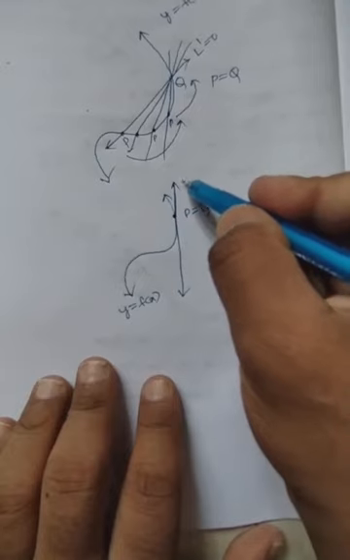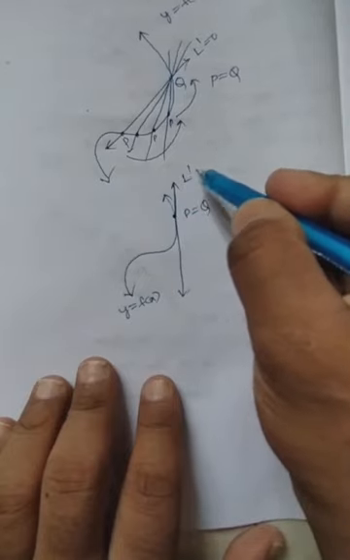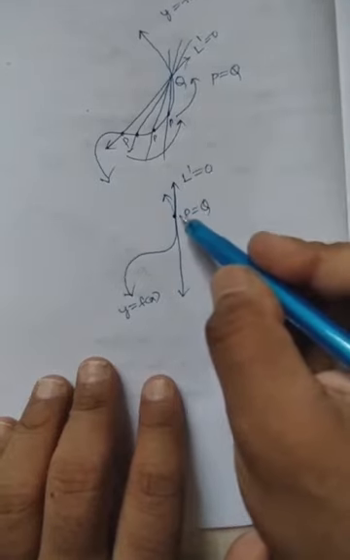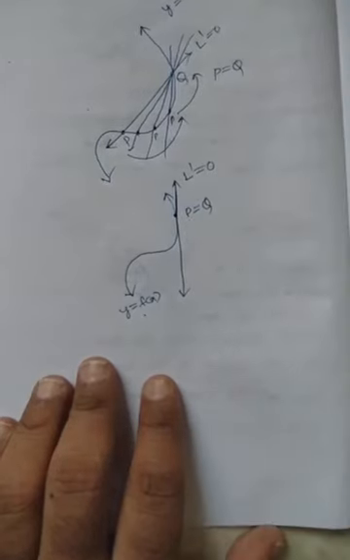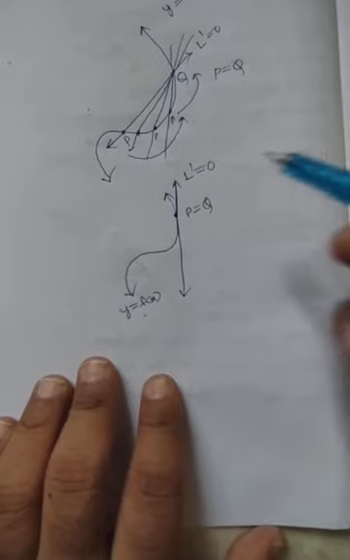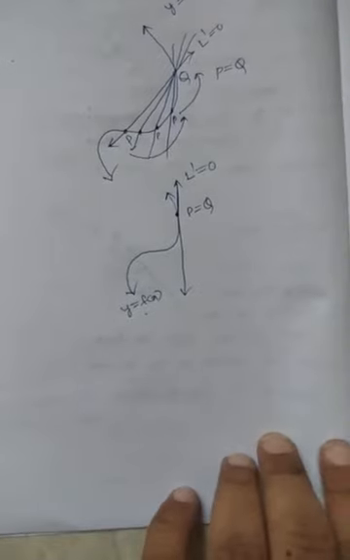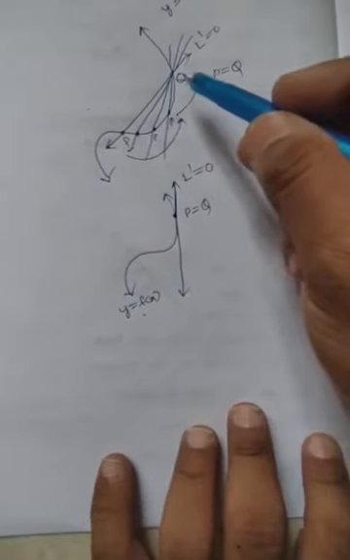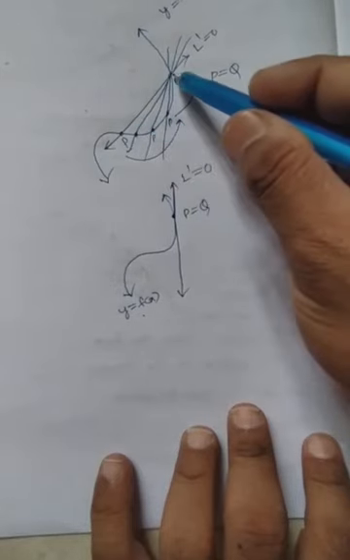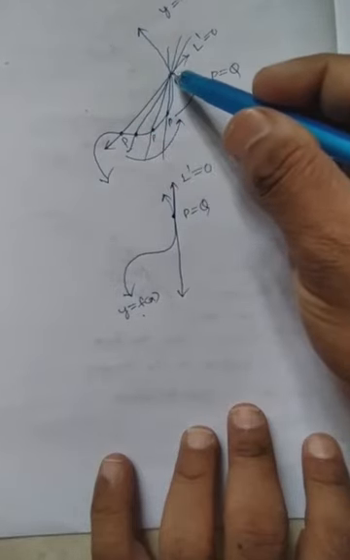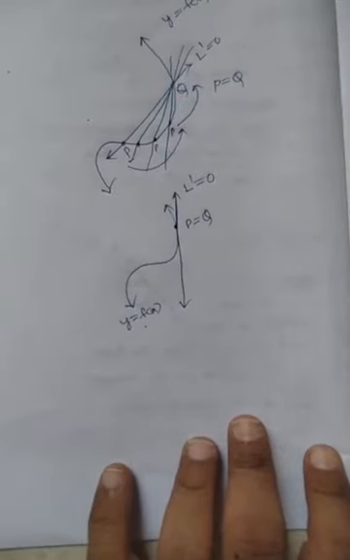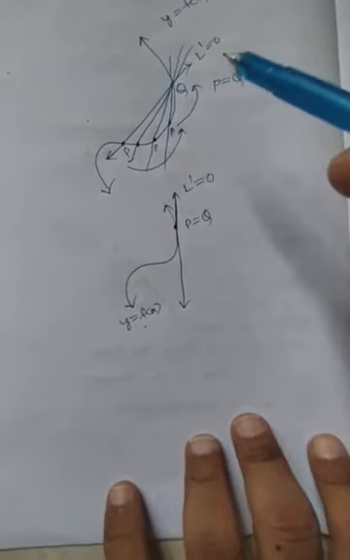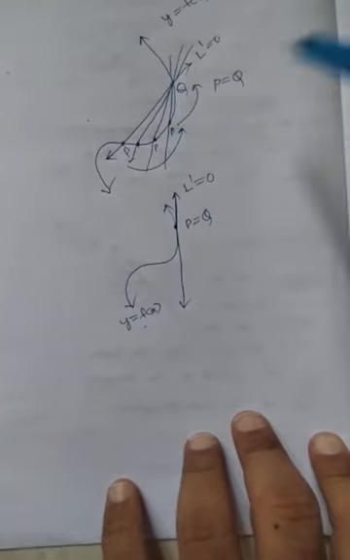The line L dash equals 0 touches the curve y equals f of x. Now what is the message here? Whenever P and Q are two different points, we get a secant line.